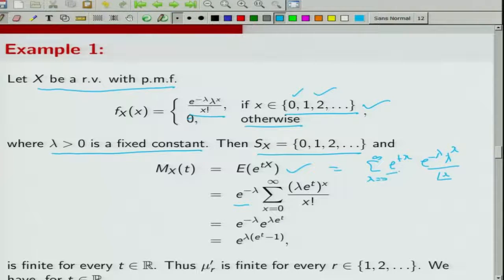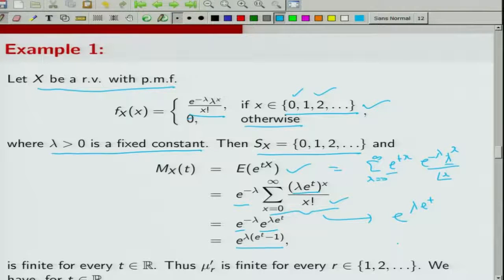Then e to power tx lambda power x is common, so that becomes (lambda e to power t) to power x by factorial x. Now this whole quantity is nothing but the expansion of e to power lambda e to power t. So this is e to power minus lambda into e to power lambda e to power t, because this is an expansion of e to power lambda e to power t. So this becomes e to power lambda (e to power t minus 1).